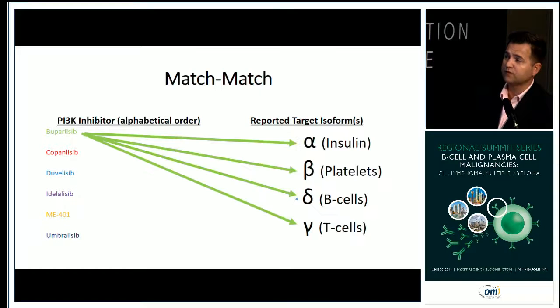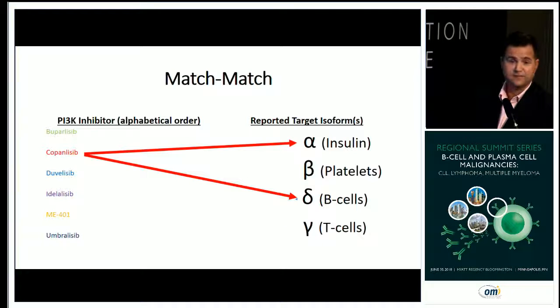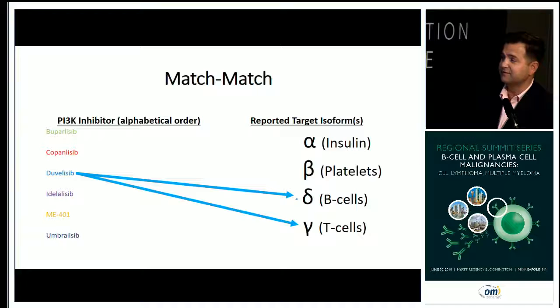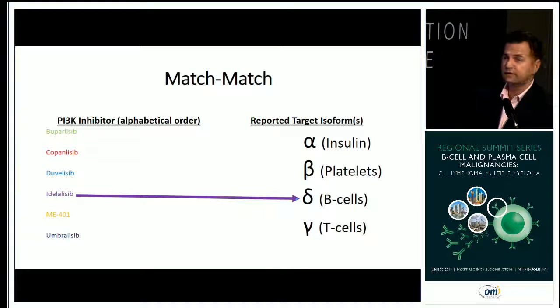So to start off with that, buparlisib is a pan isoform inhibitor where it gets alpha, beta, delta, and gamma as part of it, whereas copanlisib is an alpha delta inhibitor. Now there's going to be a theme here. Duvelisib is a delta gamma inhibitor. Idelalisib inhibits delta.